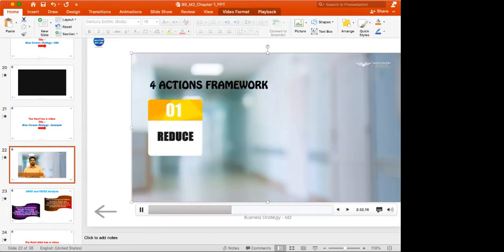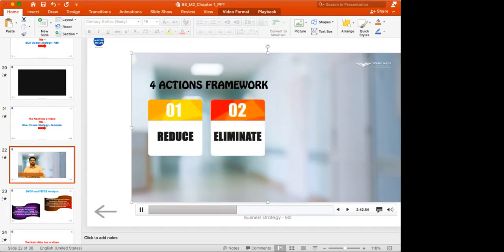First, reduce. Cirque Du Soleil reduced much of the thrill and danger associated with conventional circuses. Second, eliminate. In the case of Cirque Du Soleil, it eliminated animals, star performers, and multiple show arenas. Third, create.